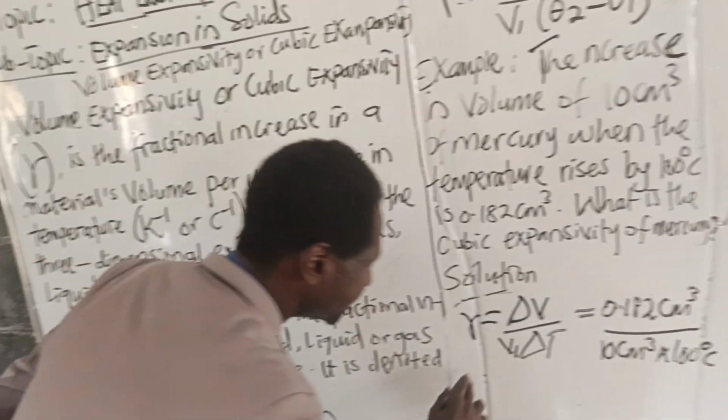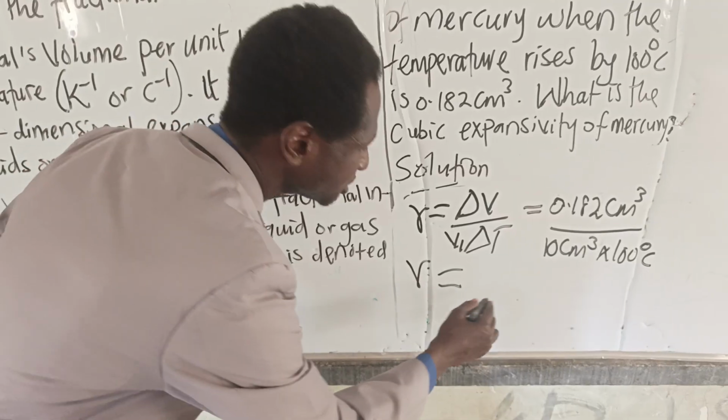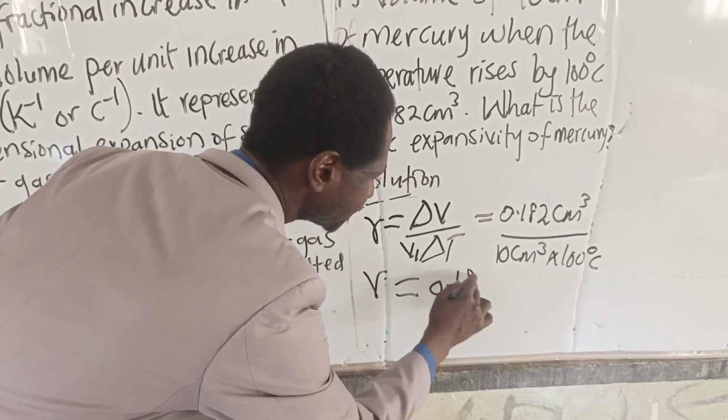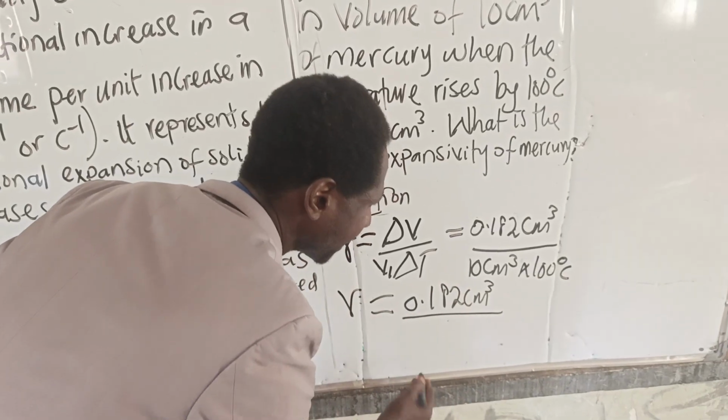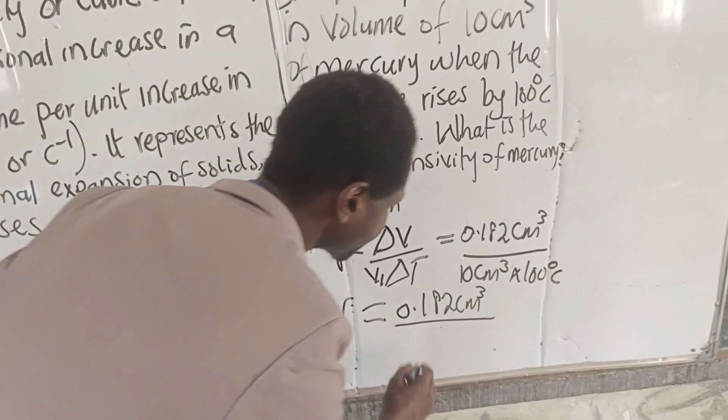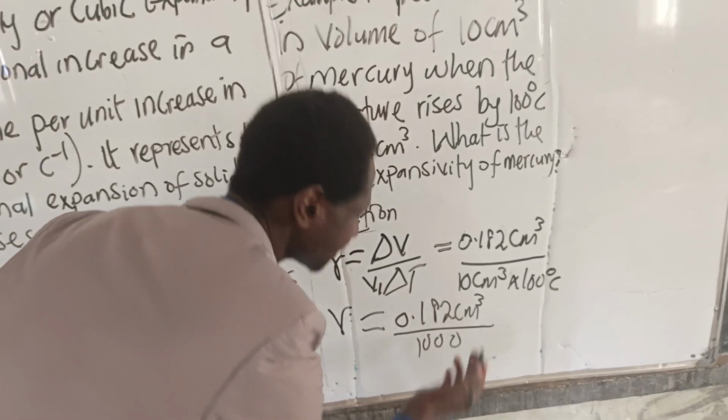So the volume expansivity is equal to 0.182 cm cube all over 10 times 100, which is 1000.